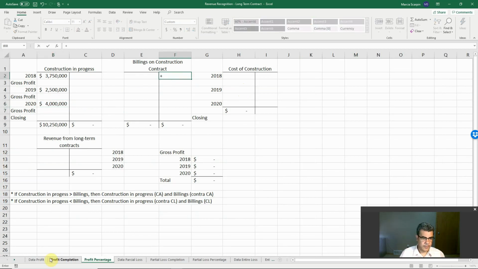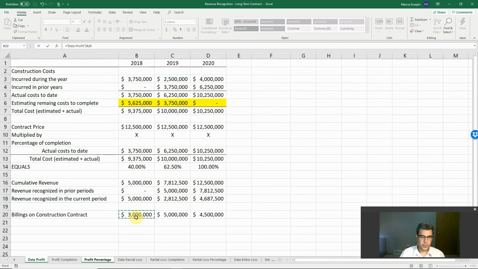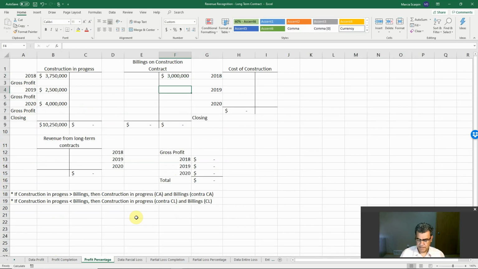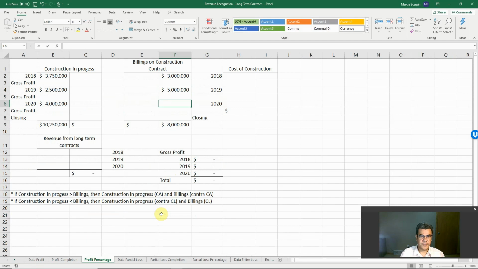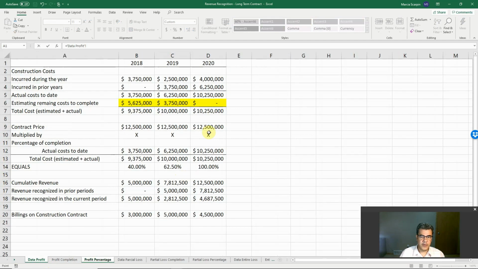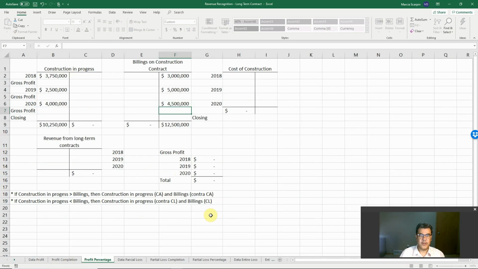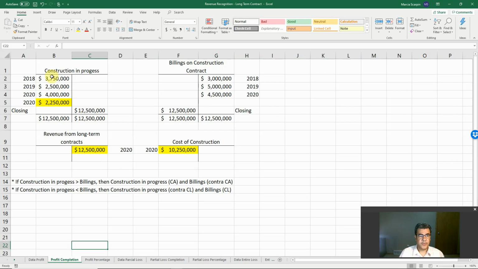Billings, the same. Billings, $3 million, $5 million and $4.5 million here. Exactly the same as the first example.